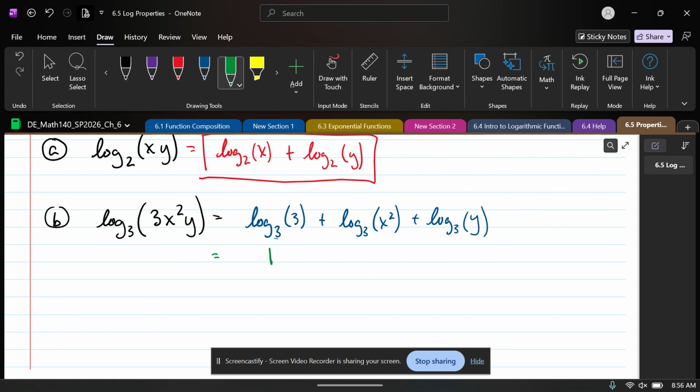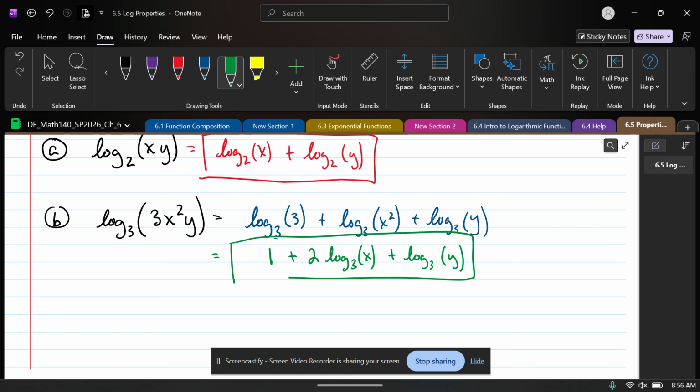What does the second term, log base 3 of x squared, do? Yeah, 2 log base 3 of x. Is there anything that can happen to the third one? Yeah, but that doesn't help us any. So we're going to leave it log base 3 of y. And there we have expanded that and simplified it as much as we could.